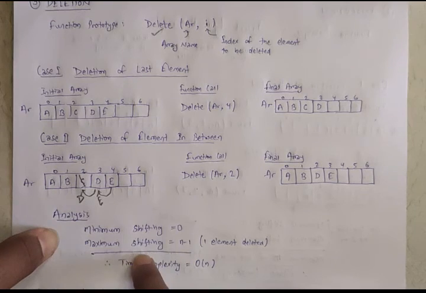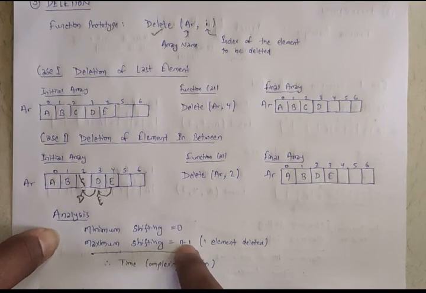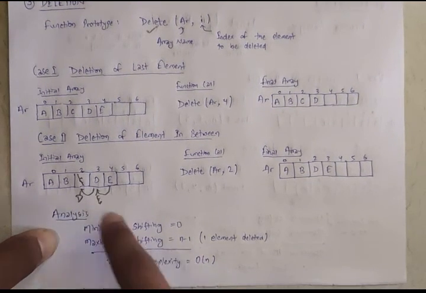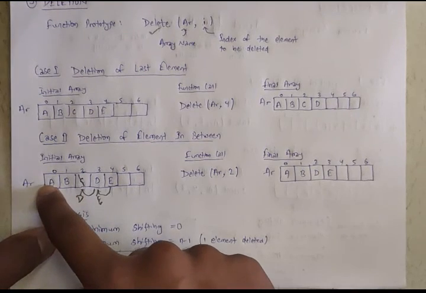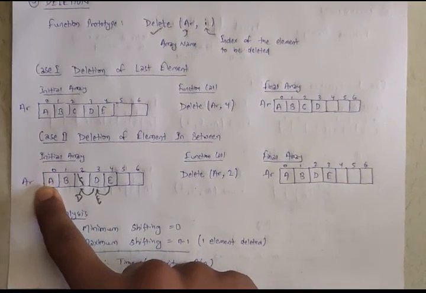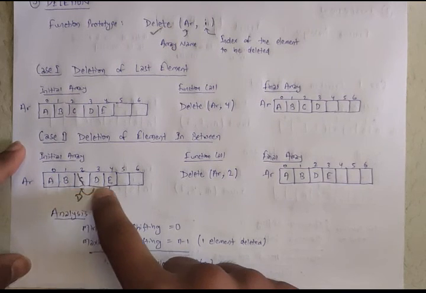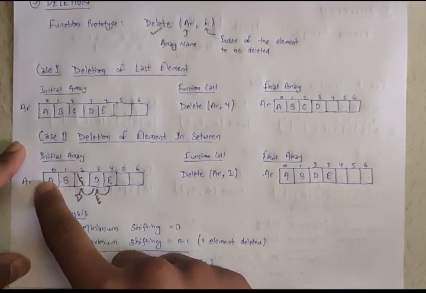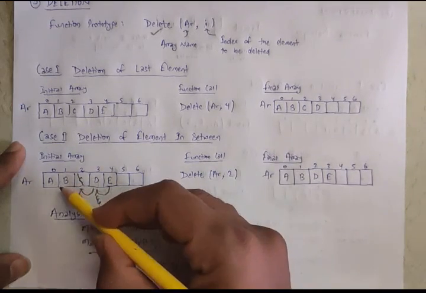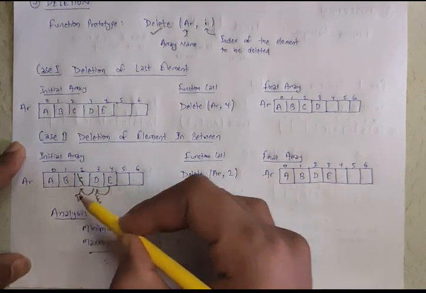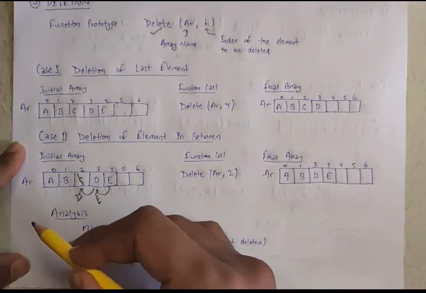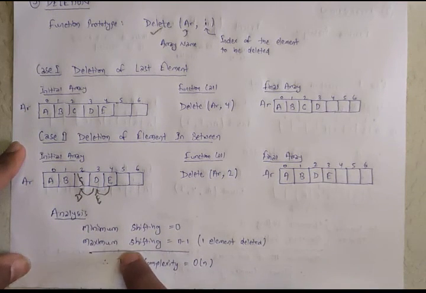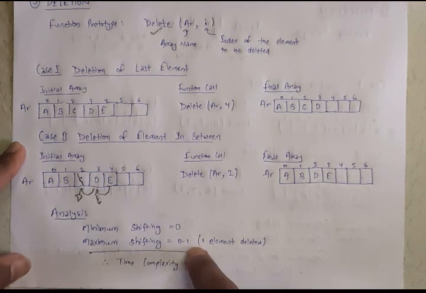So the maximum number of shifting would be n-1. Why n-1? Because if we delete this one element, the remaining n-1 elements should be shifted one by one. So this should be shifted, this should be shifted, all n-1 elements should be shifted one by one. So that's why the maximum shifting is n-1.